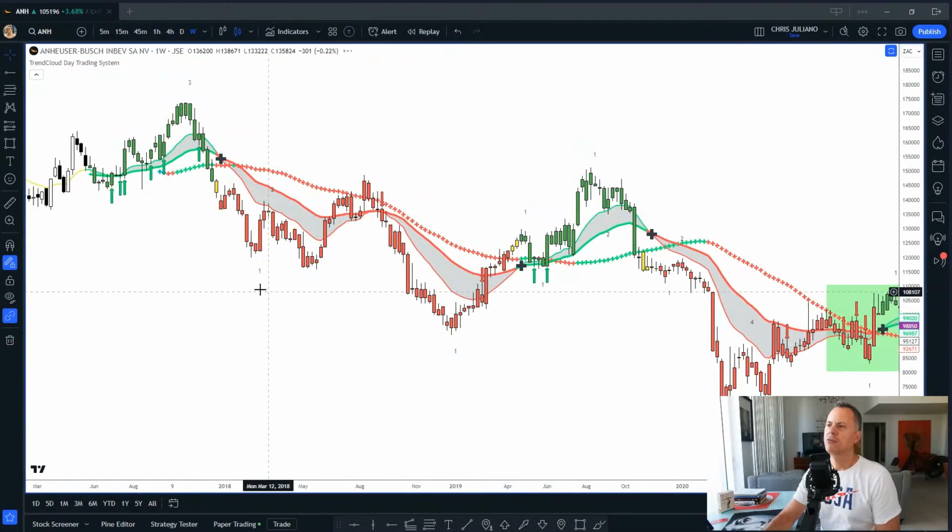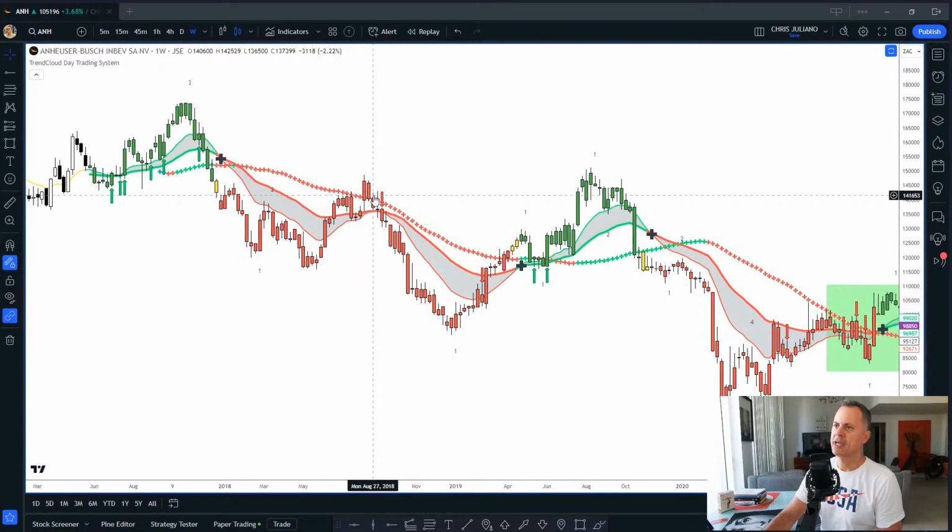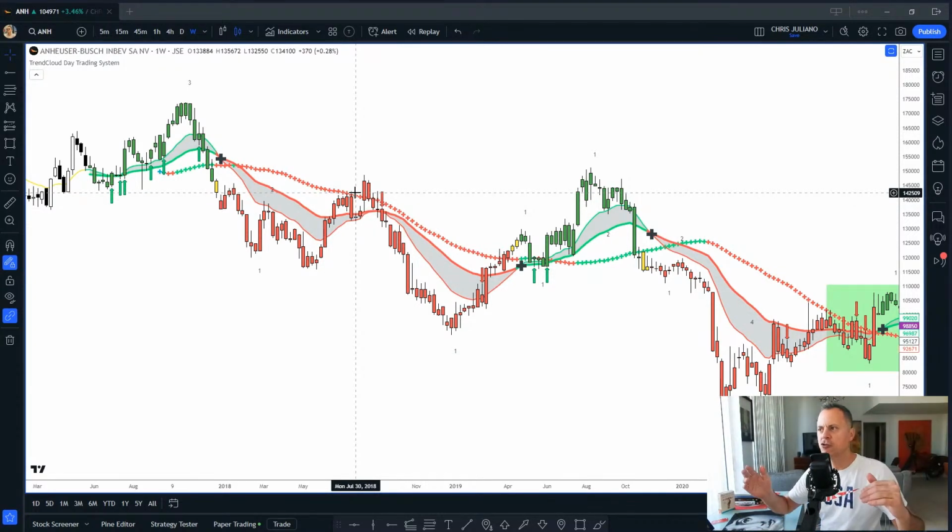Here we pull back, we don't get a signal, but we do break to the downside. It comes back up and we recalculate, okay? So Anheuser-Busch really loves to go from extreme to extreme. Kind of difficult to trade, but definitely you could use options on something like that, right?